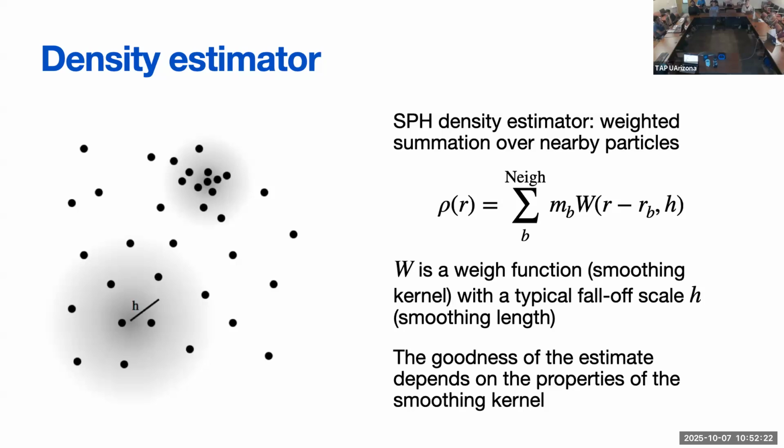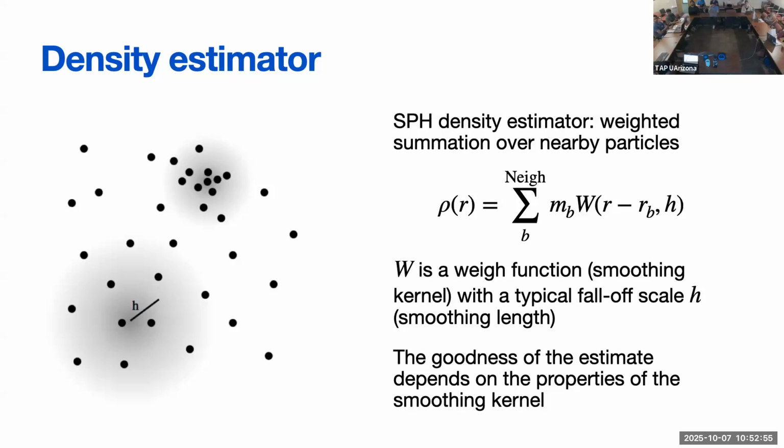At a given location, we sum the mass of the particles around it, and we weight the sum with a weighting function called the smoothing kernel, which weights particles close to the location more and particles farther away less. The typical fall-off scale of this smoothing kernel is called H, the smoothing length.